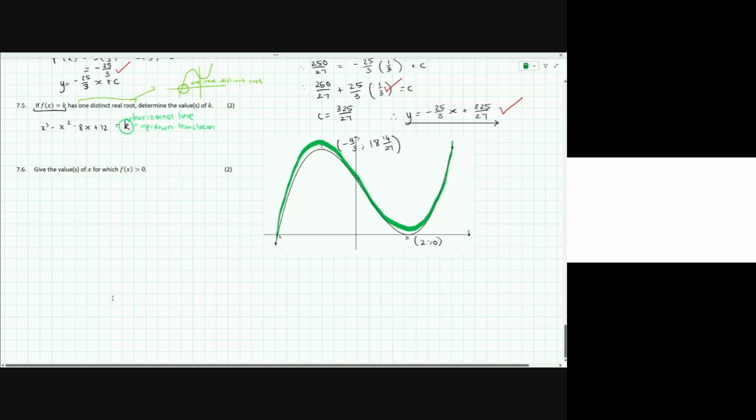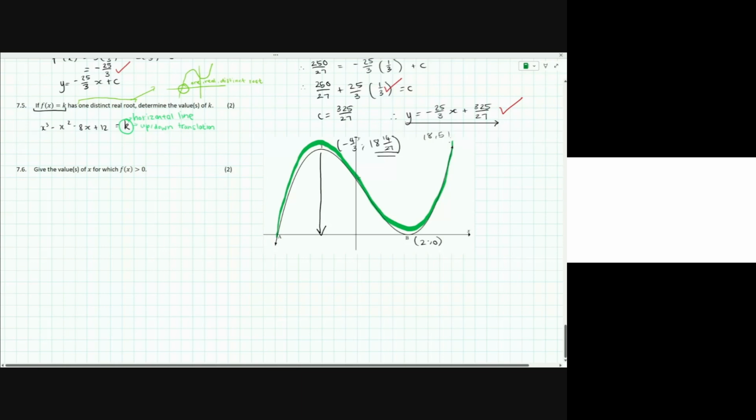Okay, so I need to remember option one is to move this coordinate of T all the way down past the x-axis. So that means I need to move it greater than its y value. So 18 and 14/27 is something silly. 18 and 14/27 is 18.51 units.